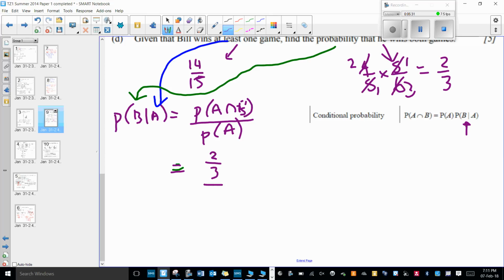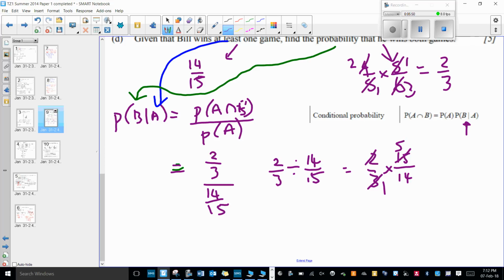So we're doing 2/3 divided by 14/15, which is 2/3 multiplied by 15/14. Simplifying that gives me 5/7. Should be done.